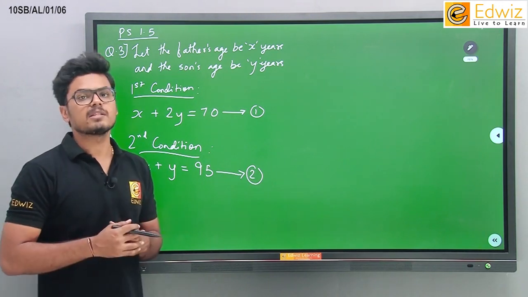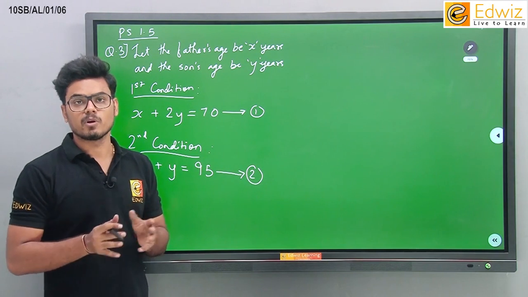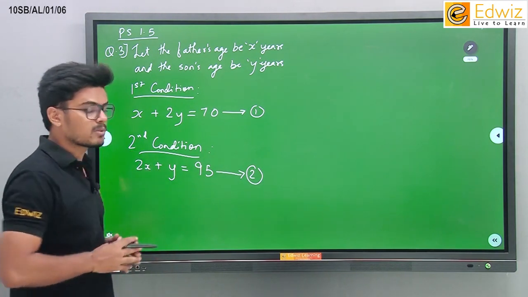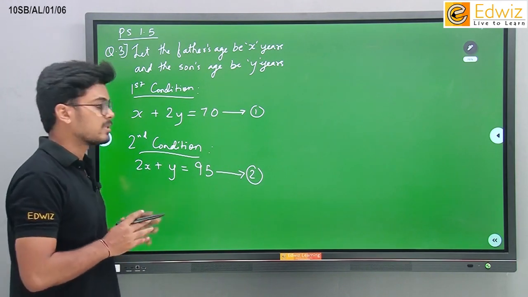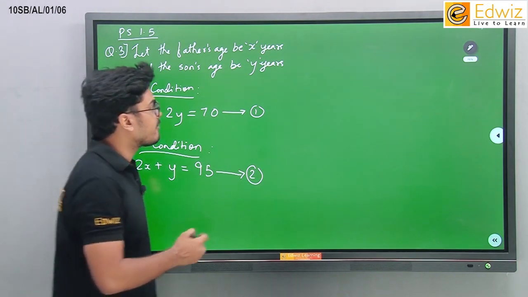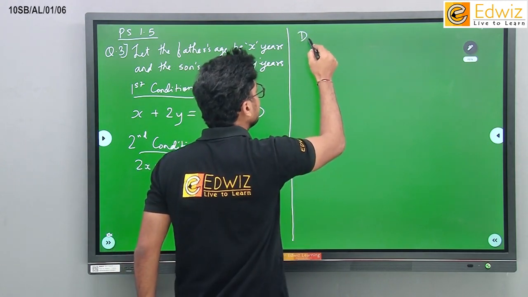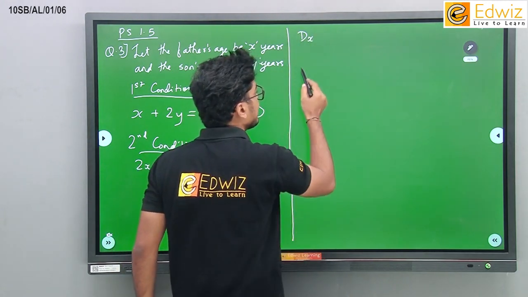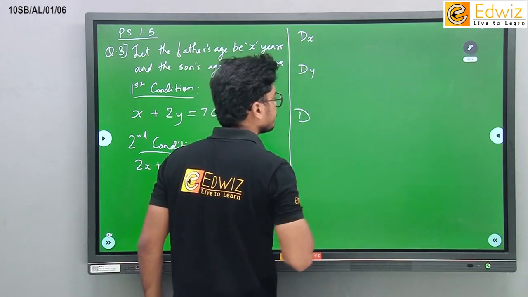We can use elimination method, we can use substitution method, you can even use Cramer's rule if you want to use that. Let us use Cramer's rule now. We have already used elimination method a lot of times. Let us use Cramer's rule. So if you remember the formula, we find out three things first. The first thing is d of x, okay. Second thing is d of y, and the third thing is d.